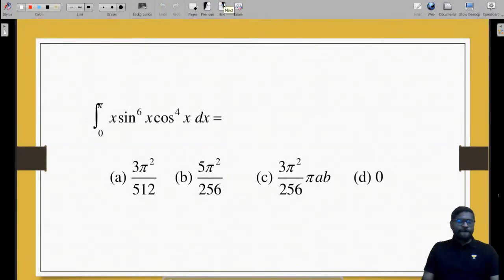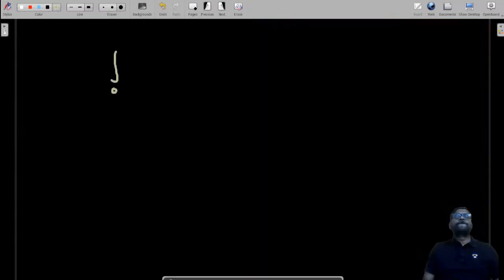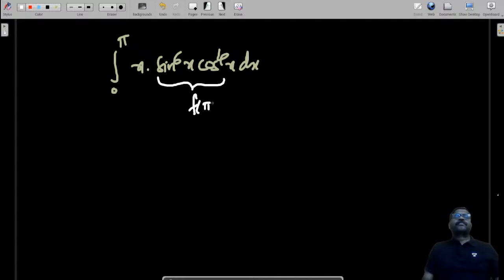Integral 0 to pi, x into sin power 6x cos power 4x dx. See here, f of pi minus x is f of x.